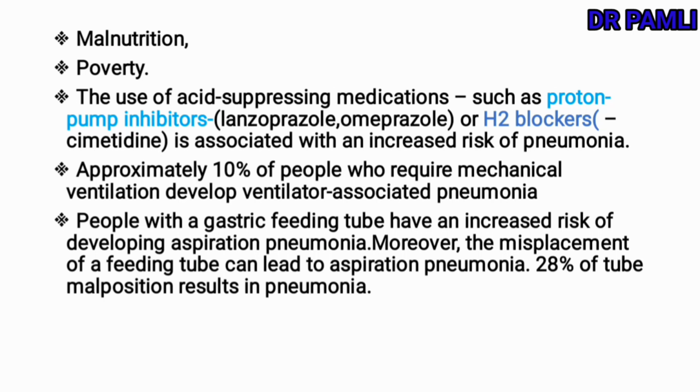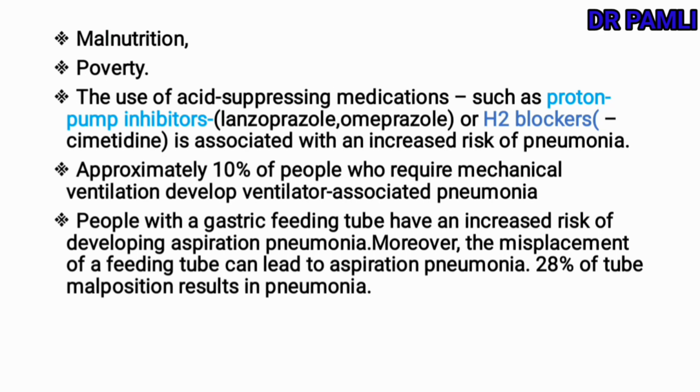Approximately 10% of people who require mechanical ventilation develop ventilator-associated pneumonia, as I've mentioned earlier. People with a gastric feeding tube have an increased risk of developing aspiration pneumonia. Moreover, the misplacement of a feeding tube can lead to aspiration pneumonia. That is about 28% of tube malposition results in pneumonia.